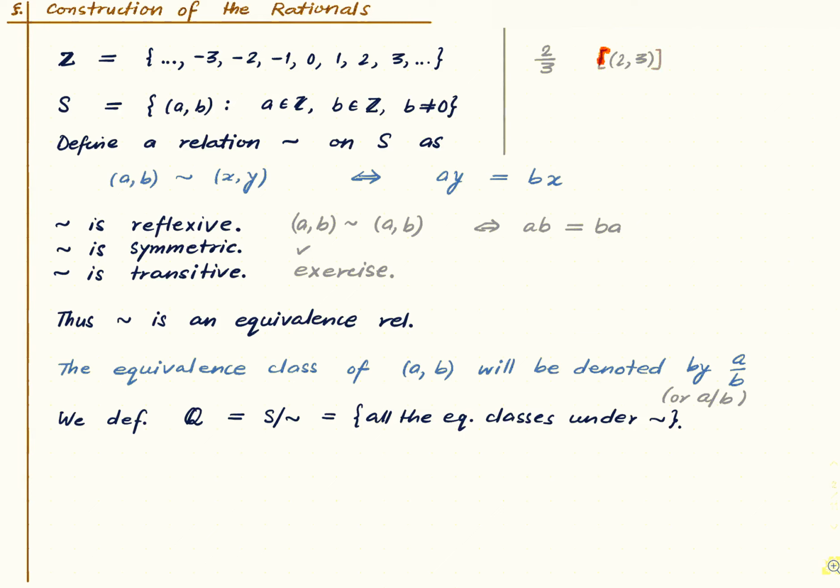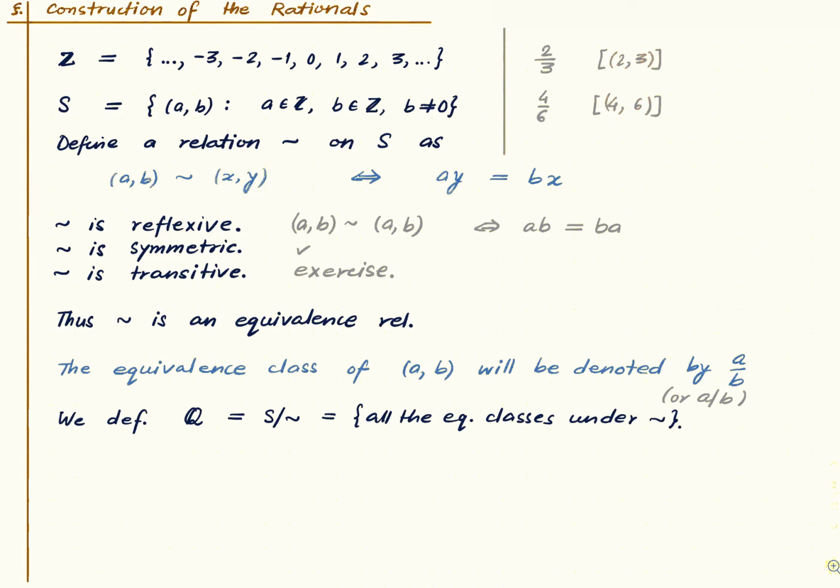But in high school, we know that 2 by 3 is the same as 4 by 6. It is indeed true that the equivalence class of 4 by 6 is the same as the equivalence class of 2 by 3, because (2, 3) is related to (4, 6) under tilde. Just note that this equation holds.